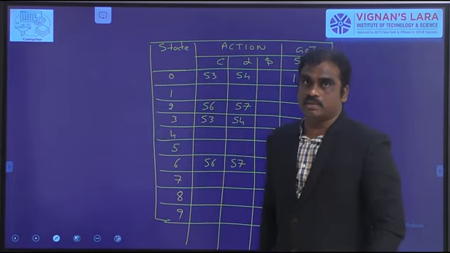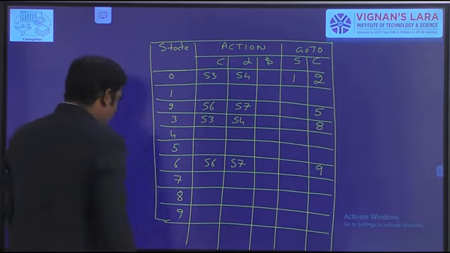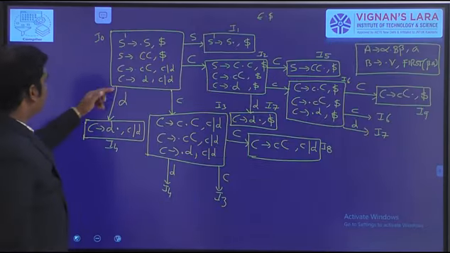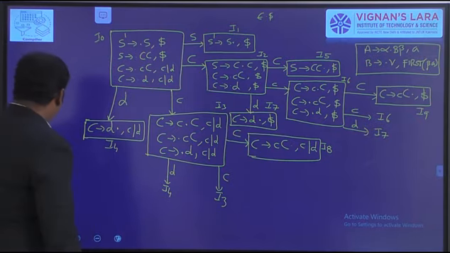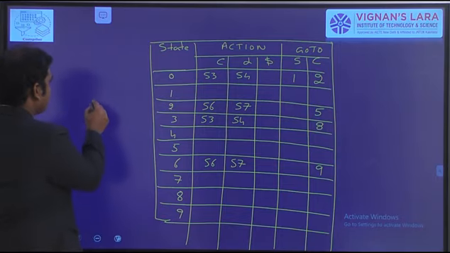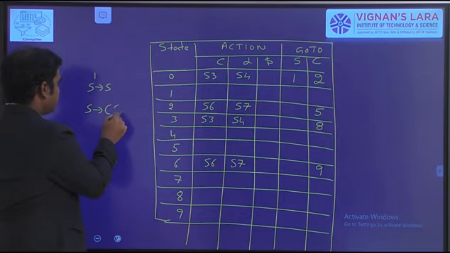Now perform the reduce operation. We have a total of 4 productions. The first one is S' to S. The second is S to CC.